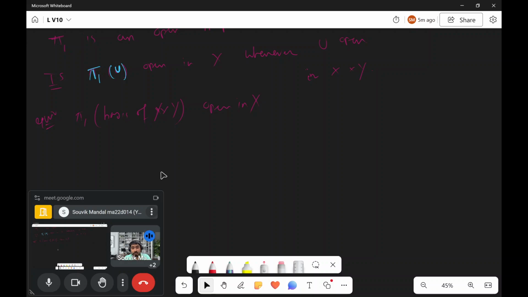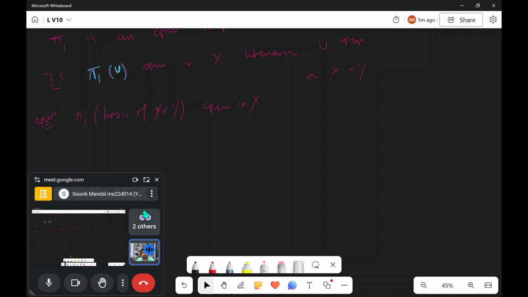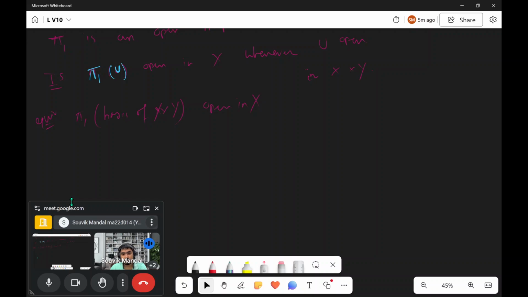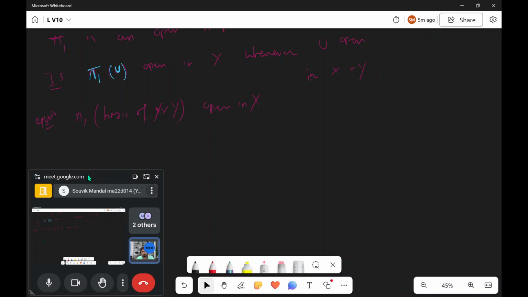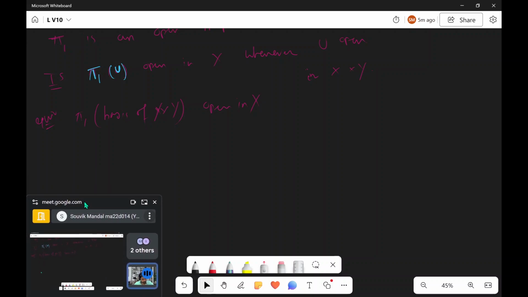So are you able to figure out how to show that pi 1 of a base element will be open in X? Okay, so let me explain it.